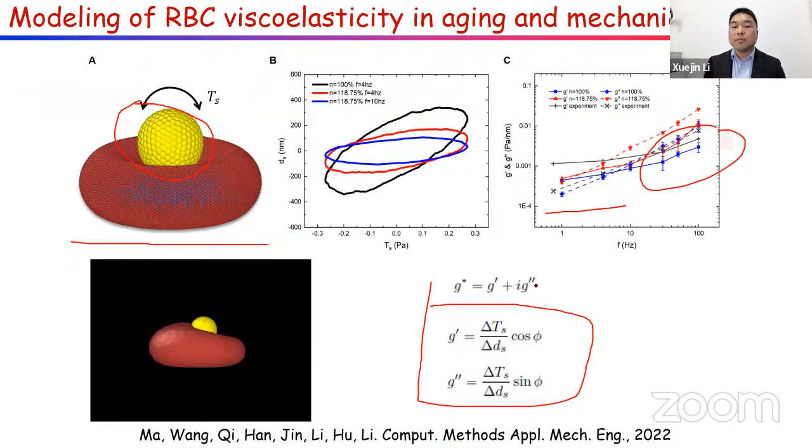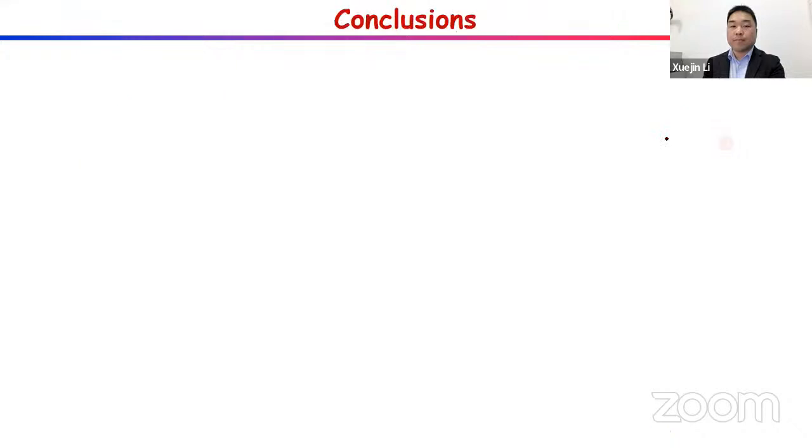Also, the behavior of the loss modulus can be fitted by a power law, like so here. And for the old red blood cells, we obtained a higher value of loss modulus compared to the younger red blood cells, which again confirms that the older red blood cells have higher membrane stiffness and viscosity.